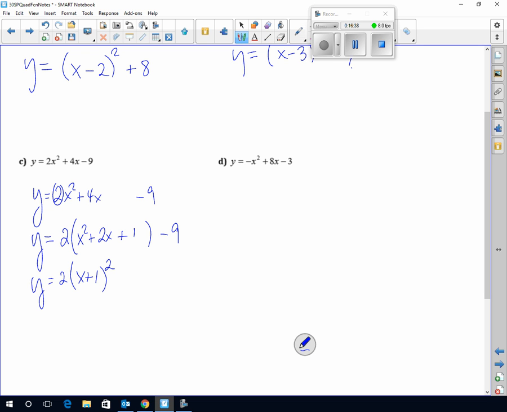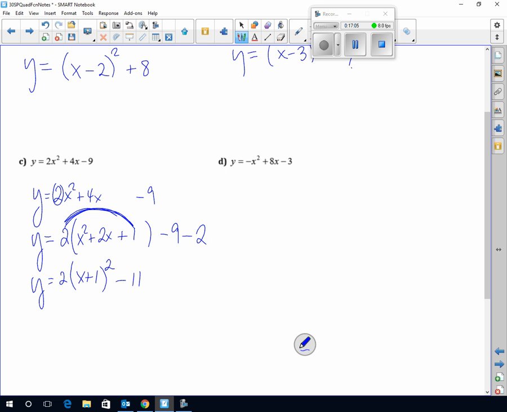So I actually have to subtract 2, which makes 11 this time. So that's why I'm saying you got to watch, because this coefficient is affecting this. So not only are you adding 1, you're adding 2 times 1, which means you have to subtract 2 times 1. Okay? So what happened here when we had the coefficient?